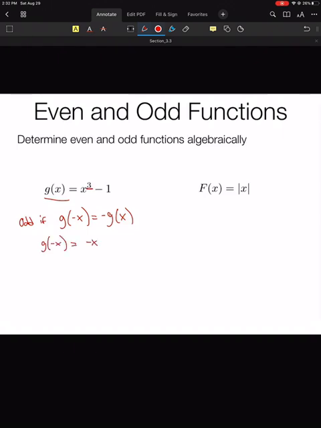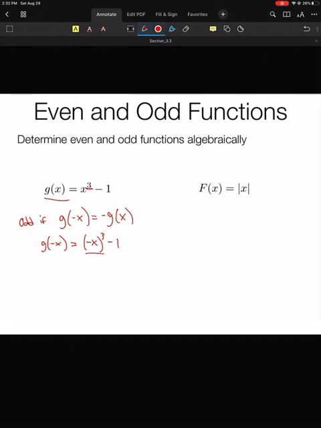Well, I substitute in negative x here: negative x cubed minus 1. And if you look at negative x quantity cubed, that's negative x times negative x, and there's two negatives there, they cancel out, and that would give me positive x squared times negative x again.